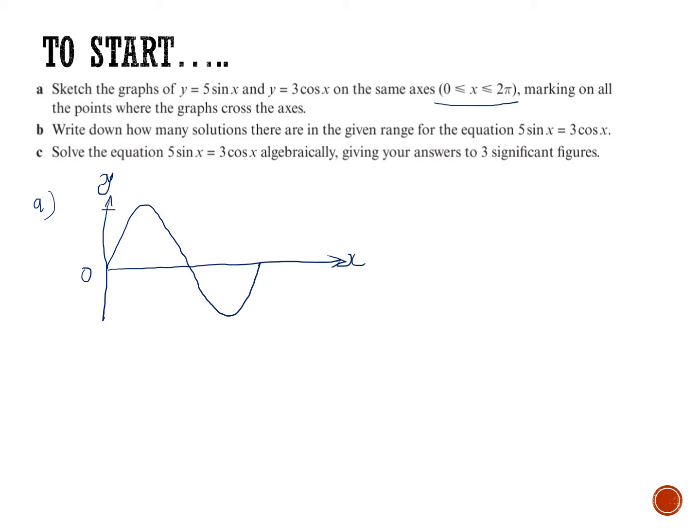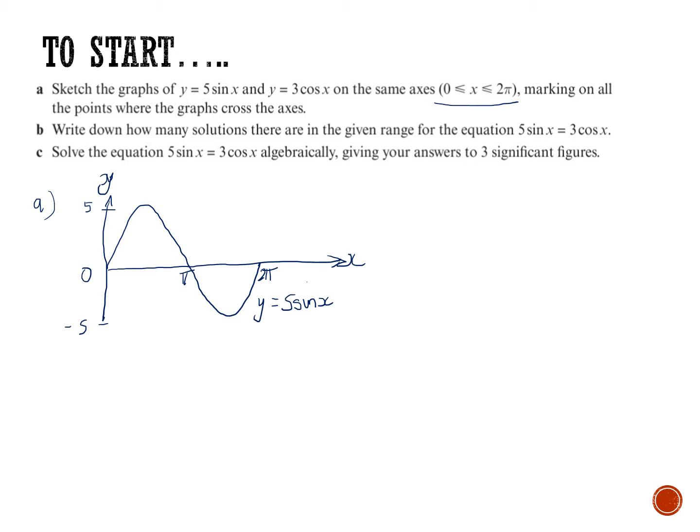That means that that height there is 5 and this height here is -5. Okay, so we have to mark on there where it crosses the axes. So that is at pi and that is at 2 pi, and I'll just label that as my y equals 5 sine x. Okay, now I have the joy of changing to a different colour here. For you, just make sure you label them nice and clearly.